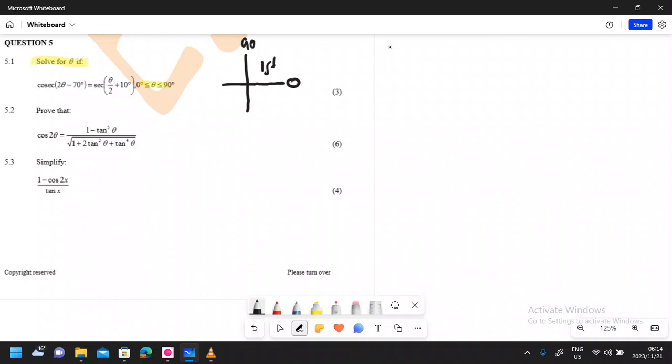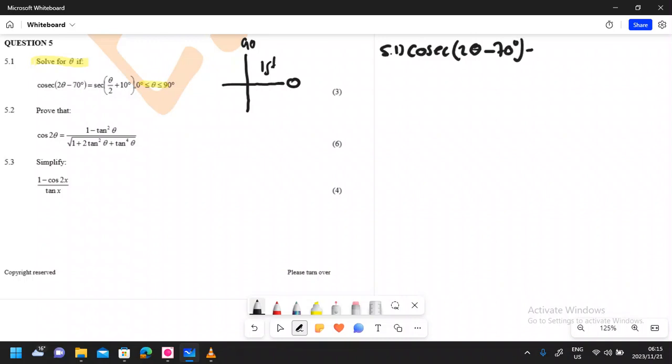Now when you look at 5.1 there, let me rewrite it so that you can solve it nicely. We have cosec, inside there we have 2 theta minus 70 degrees.